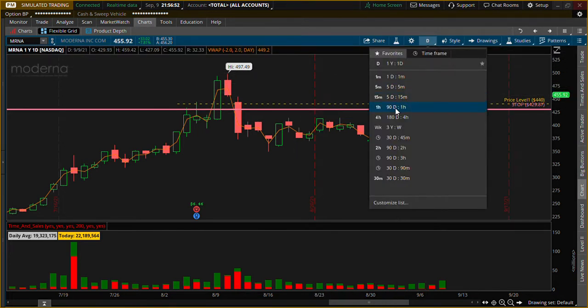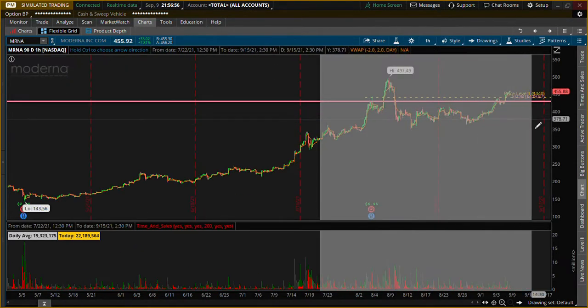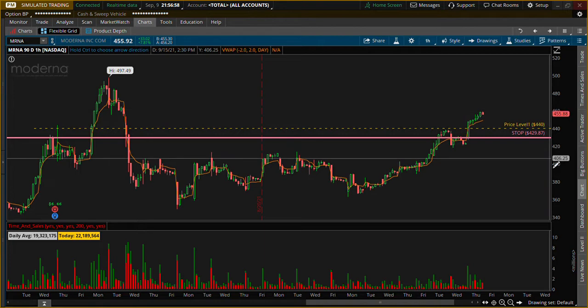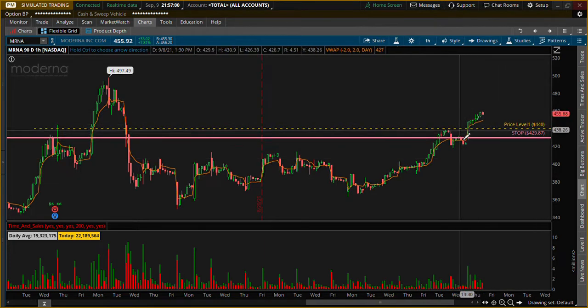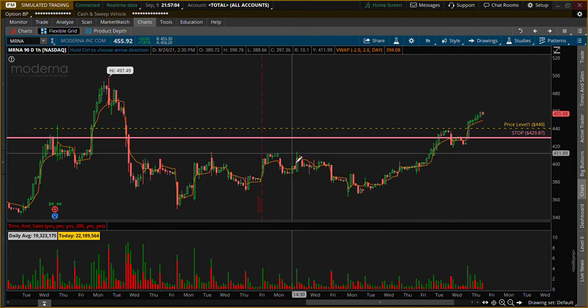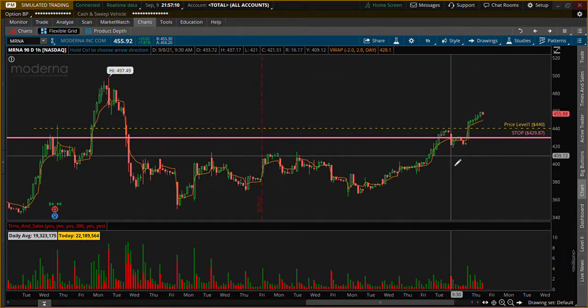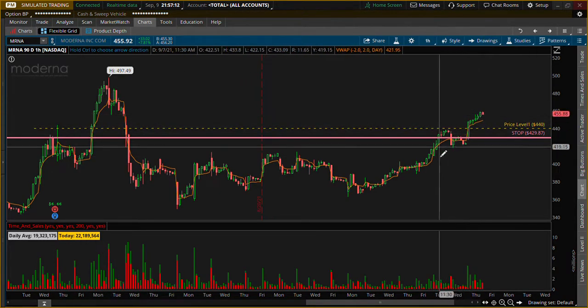But when I went to the hourly chart, right here, I thought to myself, MRNA was trading right around here, right? And when I went to the hourly chart, I saw this and then this. So I said, okay, these are two touches, but let me see pre-market.